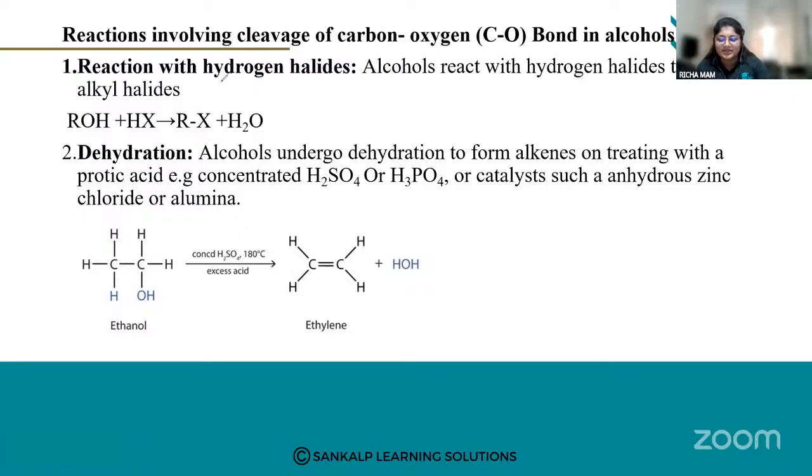So the first reaction is with hydrogen halide. Alcohols react with hydrogen halide to form alkyl halide, RX. So this is the alcohol, ROH. I'm going to react it with HX. So what am I going to get?